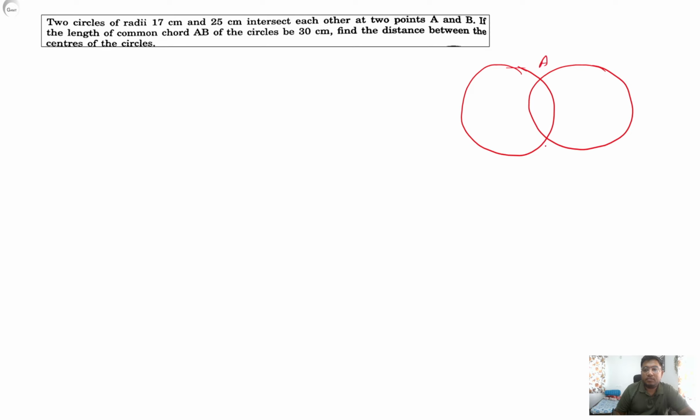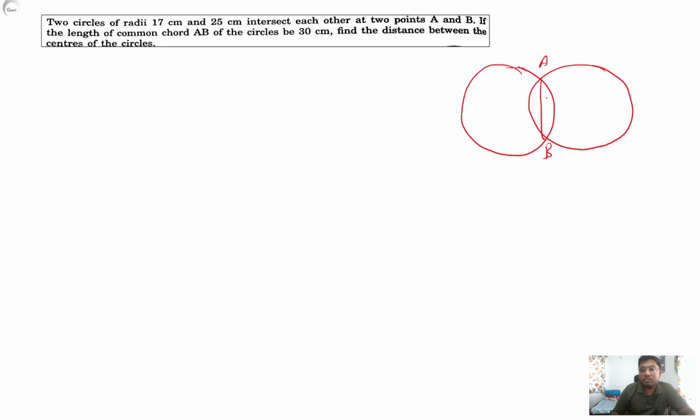Okay, guys? So let me start with the diagram for this question first. Two circles of radii 17 and 25 centimeters. So there are two circles here and they are going to intersect each other at A and B, so we'll mark this as A and B. The length of the common chord is, basically a chord which is applicable to both the circles.